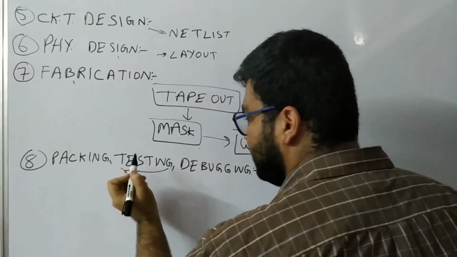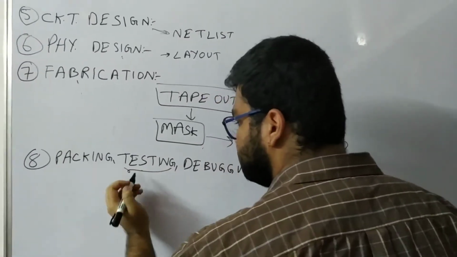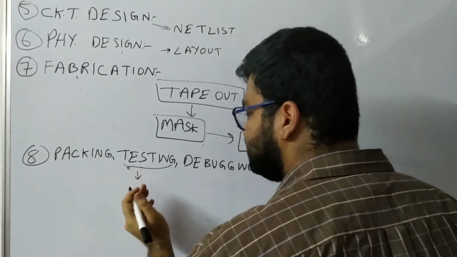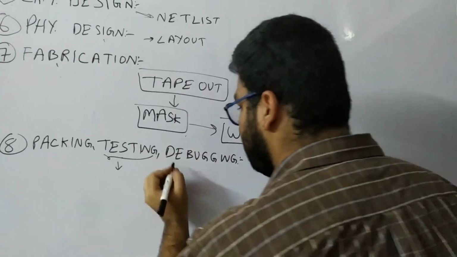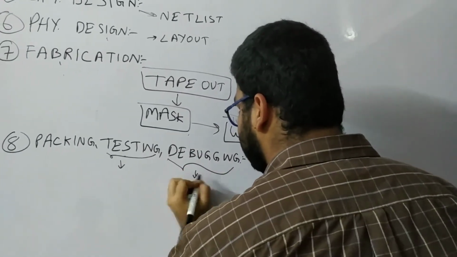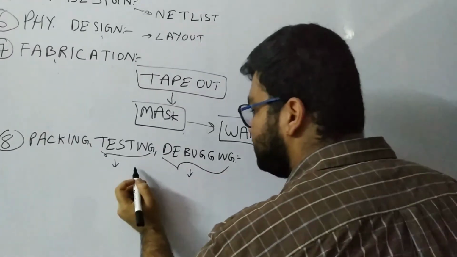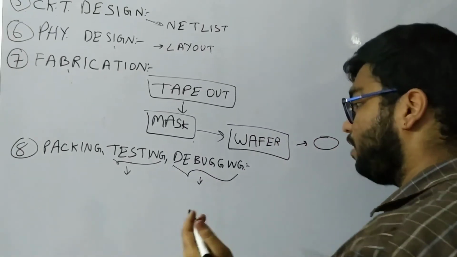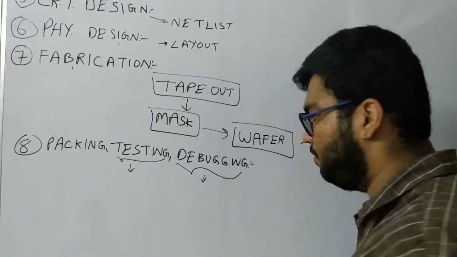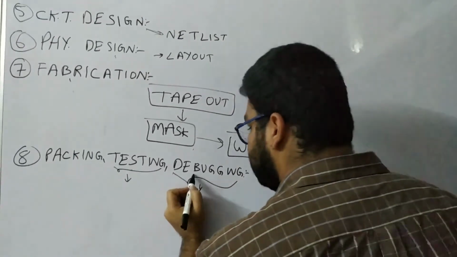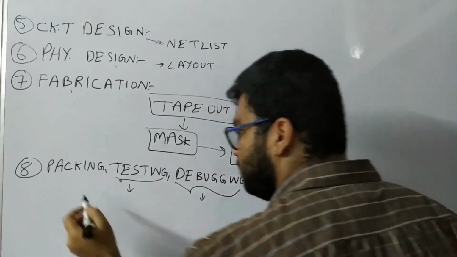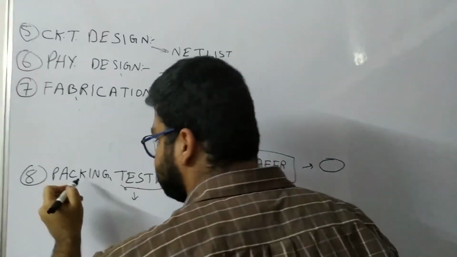Testing, as the word indicates, is nothing but testing whether the chip is working or not. What does debugging mean? During testing, if you come across any errors or problems, solving those errors or correcting those problems is nothing but debugging. Now we will go into packing.